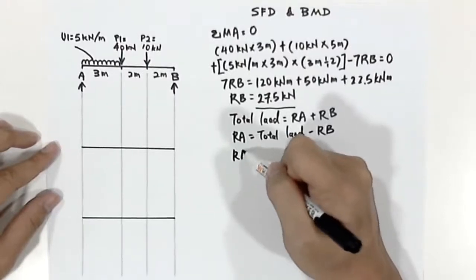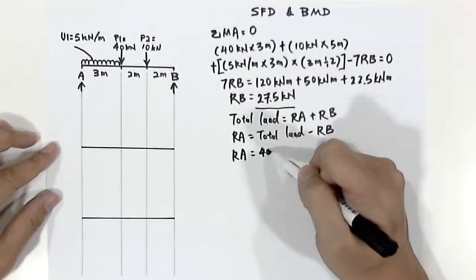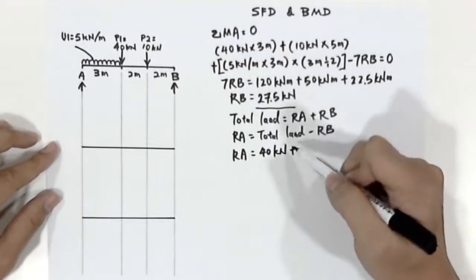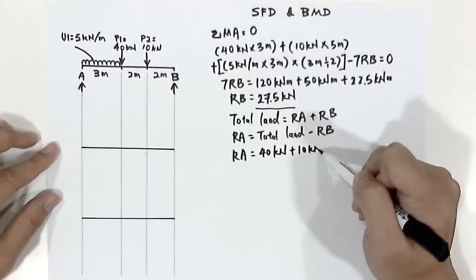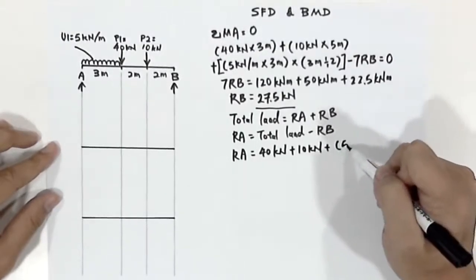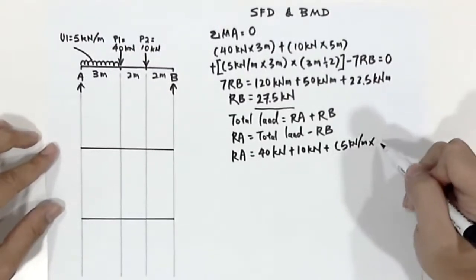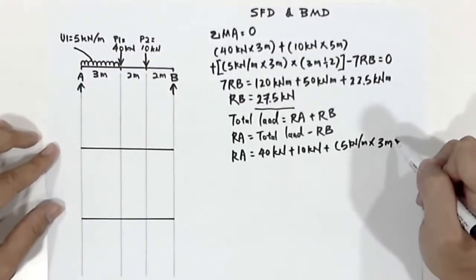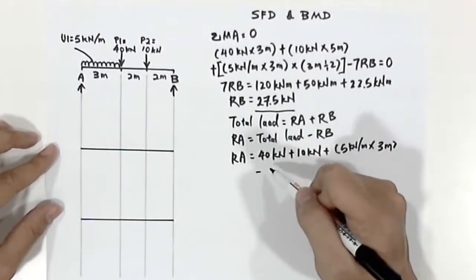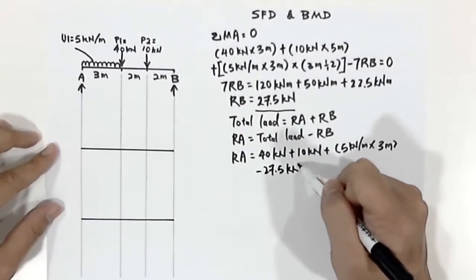Therefore we have RA equals the first load 40 kilonewton plus 10 kilonewton, plus 5 kilonewton per meter times 3 meter. And then we have to minus RB, which is 27.5 kilonewton.